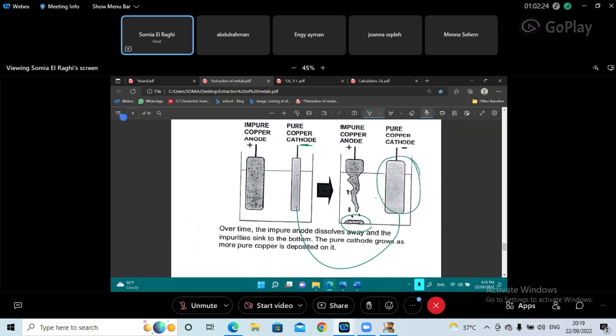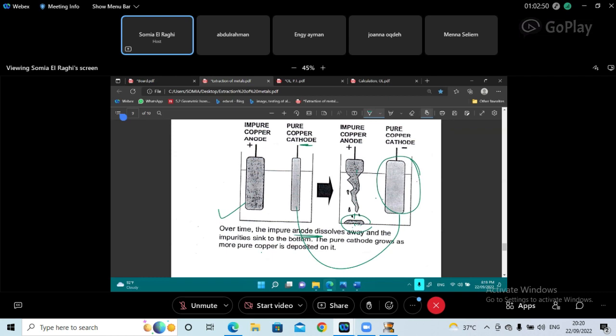I will explain how this happened. But I wrote for you here, impure anode dissolves, as you see. This is a very good diagram to show what is going on. Where are the impurities? They settle down here, called sludge, but you don't need to know that. The impurities will settle down in the bottom of the container, all right?